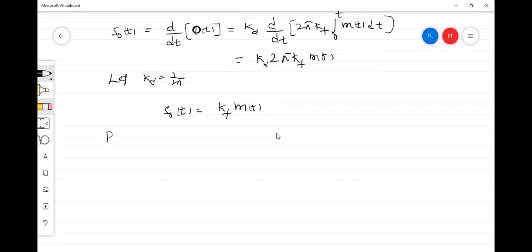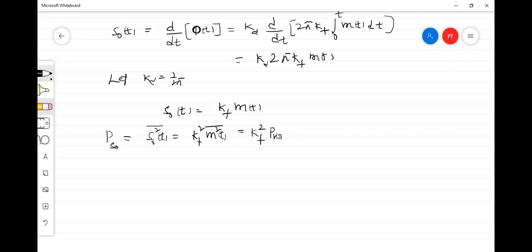From this we can calculate output signal power as S naught square, which is equal to kf square m square of t mean, which is equal to kf square into P sub m. P sub m means modulating signal power.